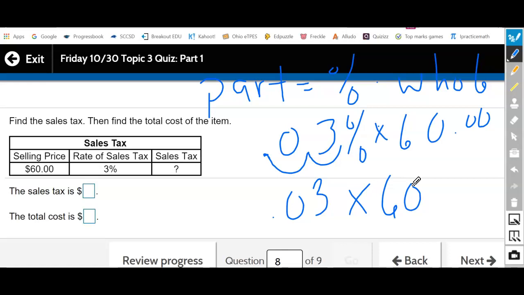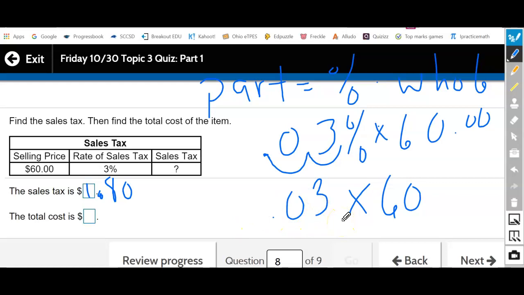What'd you get? Okay. Well, it should be 1.8. If you got 180, then you're doing 3 times 60, not 0.03. Remember, we got to change these to decimals. Otherwise, it's going to throw everything off.